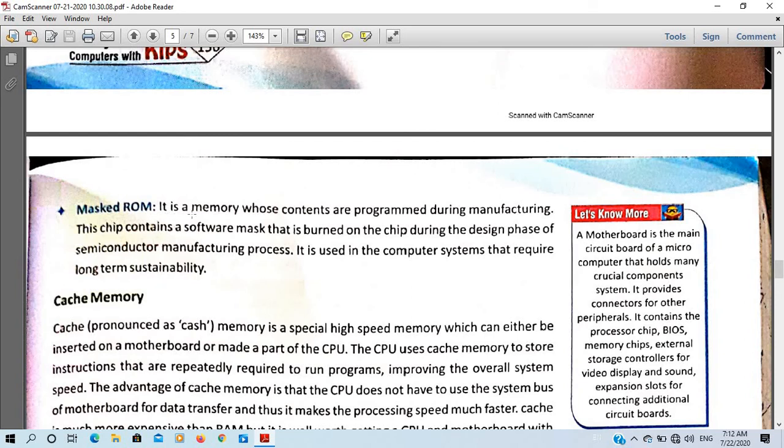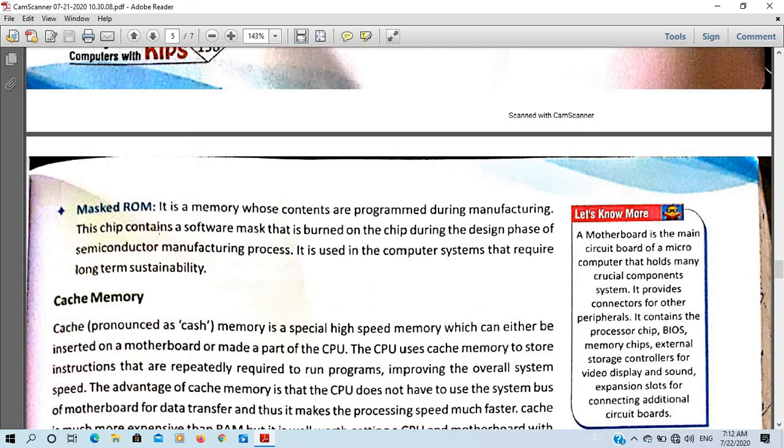What is masked ROM? It is a memory whose contents are programmed during manufacturing. Okay, masked ROM is the ROM which comes with the hardware, meaning it comes inbuilt in the motherboard.